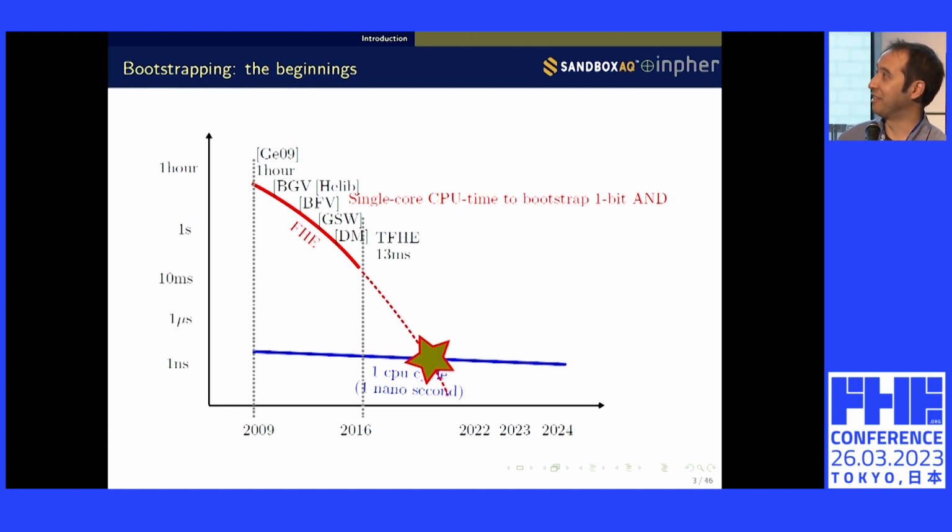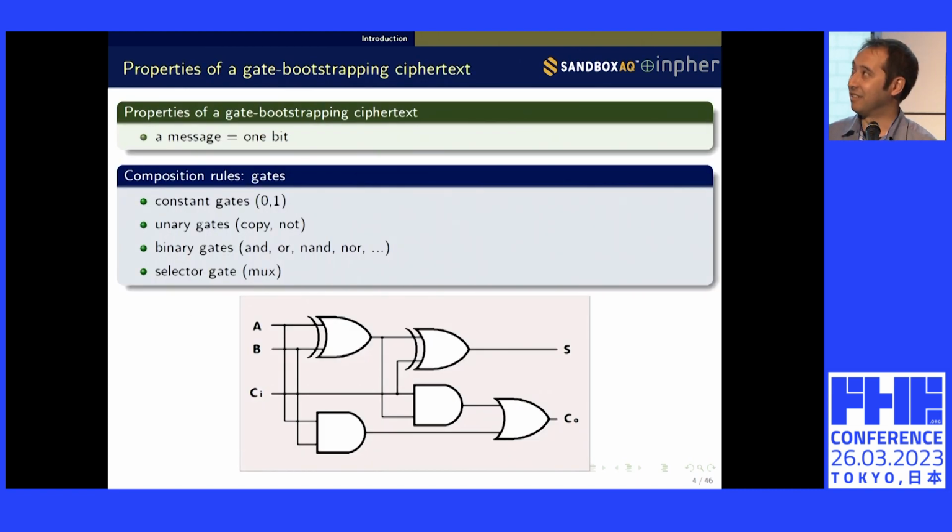So of course, in 2016, we were like, wow, that will be the solution. The curve will continue to go down, and at some point around 2020, maybe, bootstrapping will be as fast as plaintext. So that's a very simple idea that we would just have to take a program, compile it into a circuit.